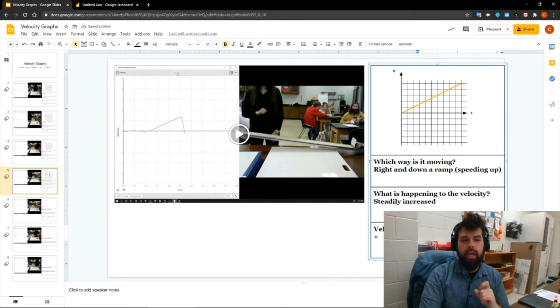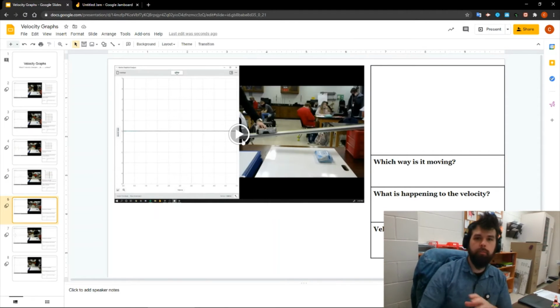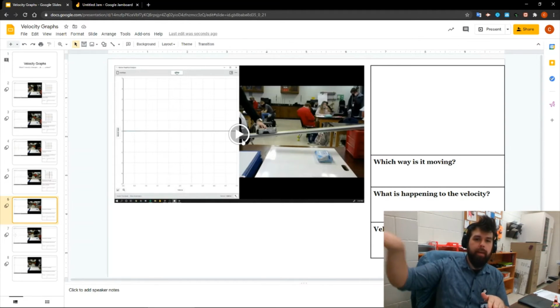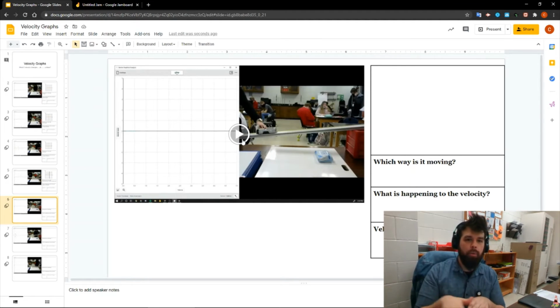All right, let's look at a different but similar scenario. In this one, we're going to be moving a car up a ramp and then back down. What I really want you to focus on is what it looks like when it moves down the ramp. All right, let's take a look.